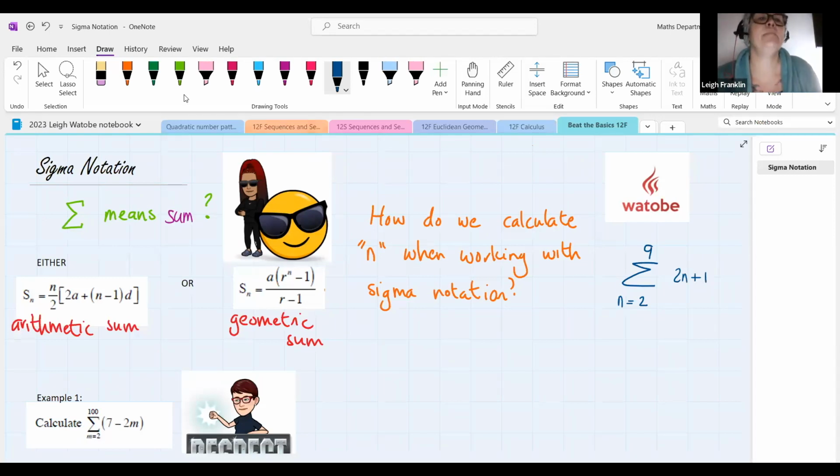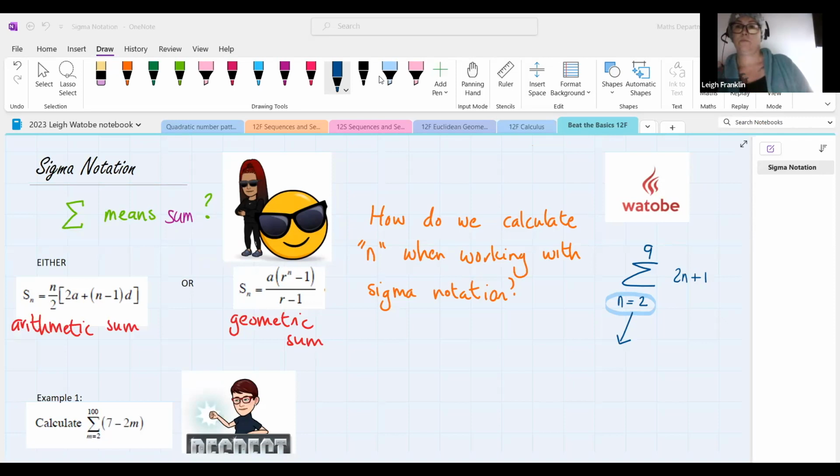What does the number at the bottom represent? When they're telling you n equals 2, what does that mean for you, matrix? Okay, am I clear? Who's talking?